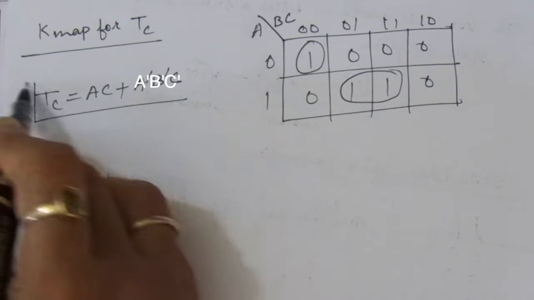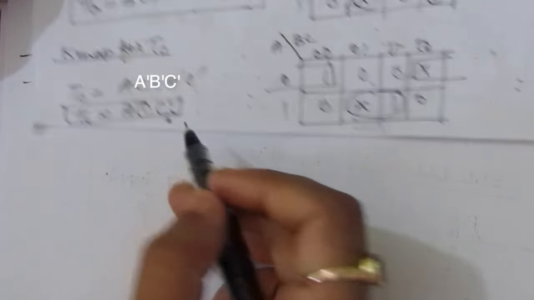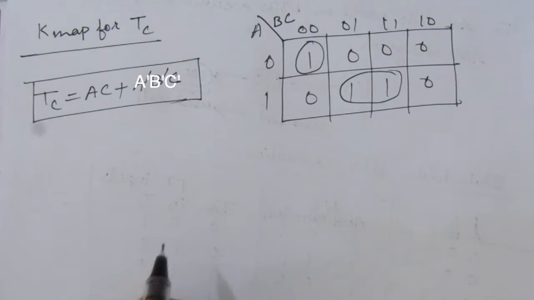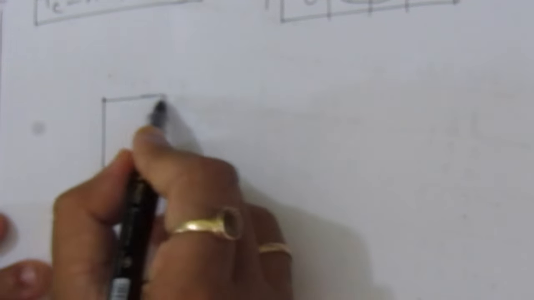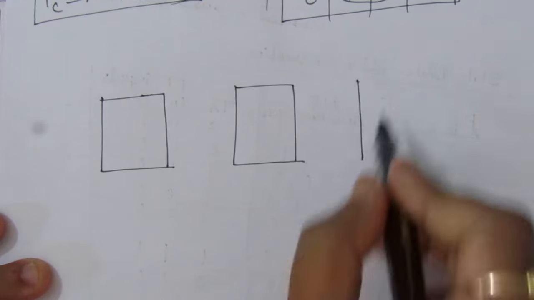So now TC is modified to this equation. Previously we had TC is equal to A XNOR C. Now after self correction we will have this equation. Now we will draw the circuit design. Now here we will have 3 flip-flops, 1 flip-flop, 2 flip-flop and 3 flip-flop.